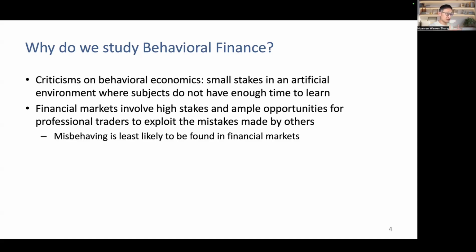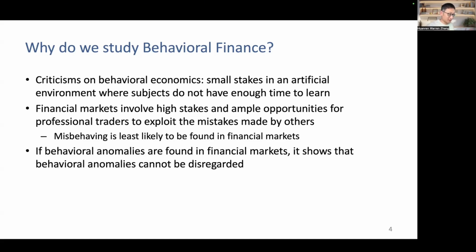Decision making in the financial market usually involves high stakes and ample opportunities for professional traders to exploit the mistakes made by others. Because of this, misbehaving or biases in the financial market are least likely, because all those investors who make serious mistakes will be weeded out of the market. They will go broke very easily.